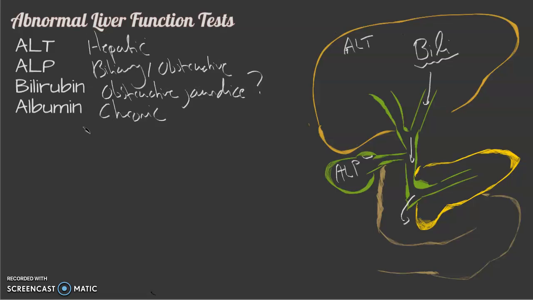This is a rough way to differentiate different conditions, but there is a lot of overlap, and you're trying to put the different elements together to form a picture of what's going on in the bile ducts and the liver.